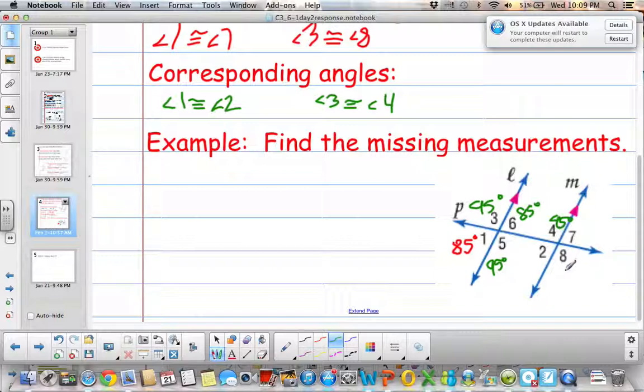Angles 4 and 8 are vertical, so that would be 95 degrees. And I know that 95 plus 85 equals 180, because my line M should be 180 degrees, so angle 7 is 85 degrees, and angle 2 is vertical to angle 7, so that would be 85 degrees as well.